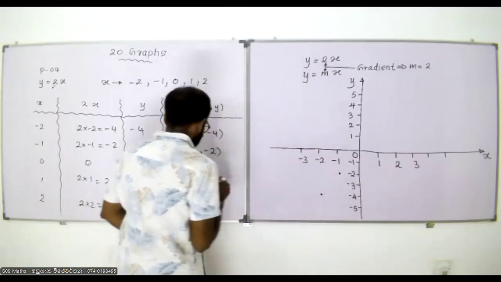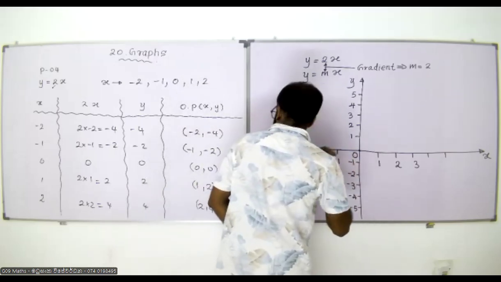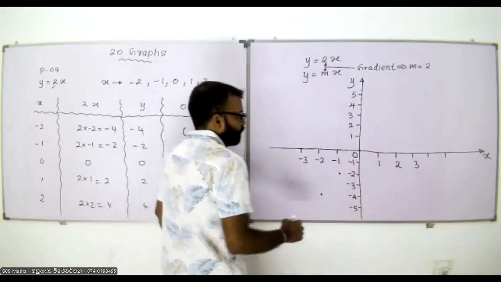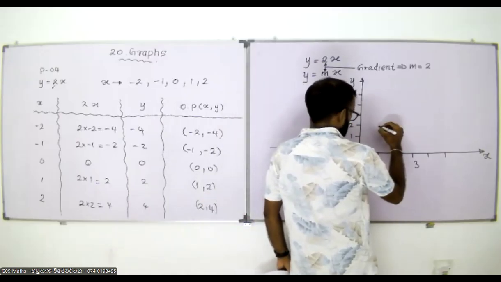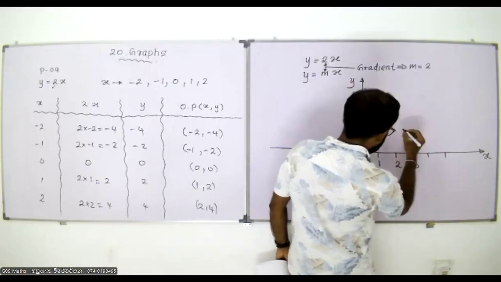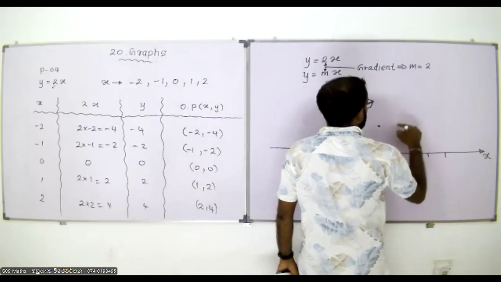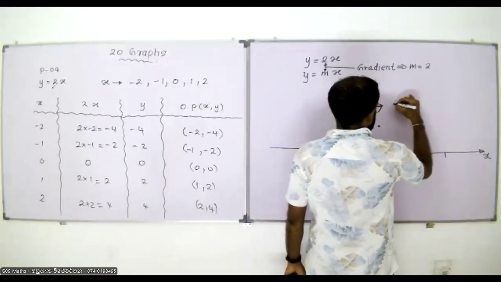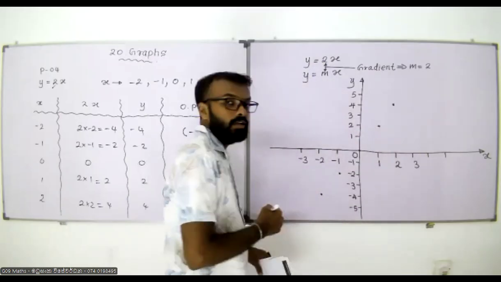Then 0, 0 is here. Then 1, 2, somewhere around here. Then 2, 4. Now I have marked the 5 points.